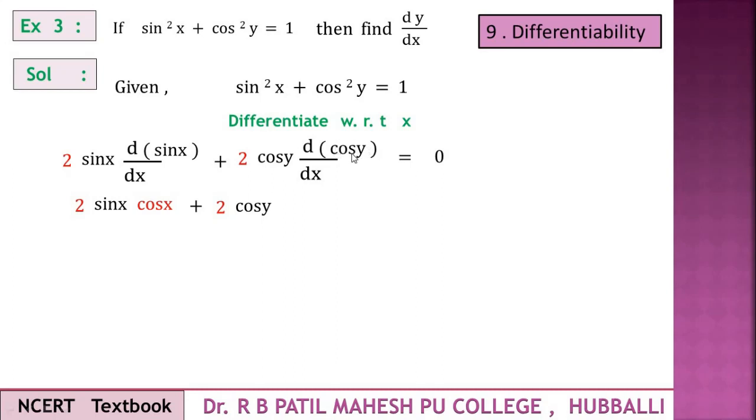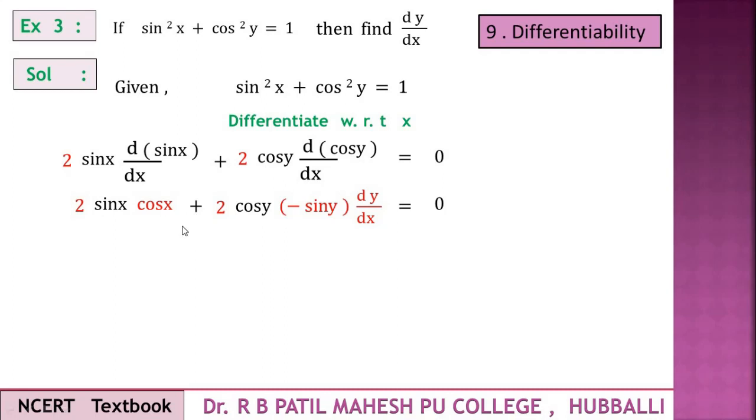First you write the derivative for cos, it is minus sin y, and whenever it is a y variable function, it is multiplied by dy by dx, is equal to 0. I hope you got how to write the derivative of this example.